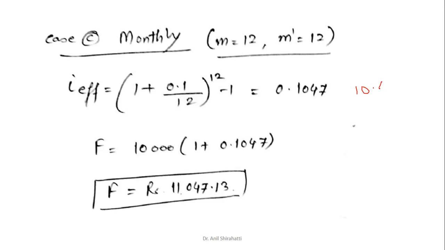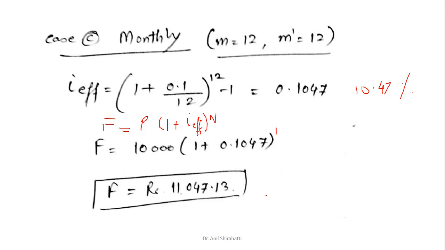Then using the equation F is equal to P into 1 plus I effective raised to n, I can substitute where P is 10,000, I is 10.47%, and n is 1.